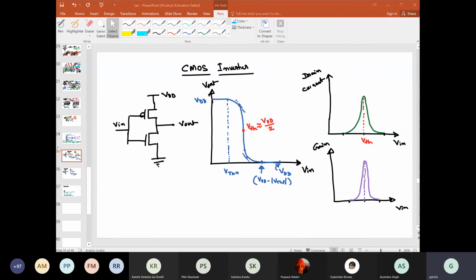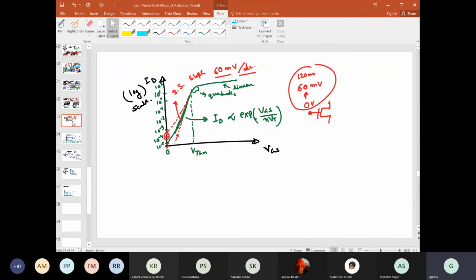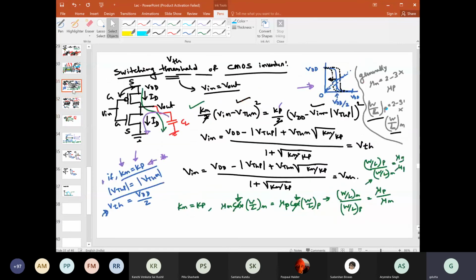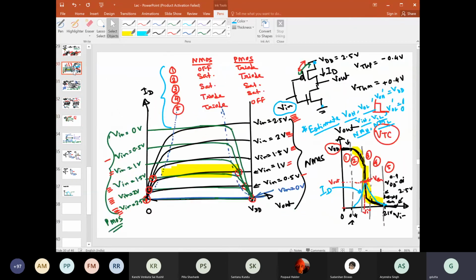Before that, let us revisit a couple of other things that we have done in the last classes. For example, we started our discussion of the CMOS regarding how to graphically get the VTC.